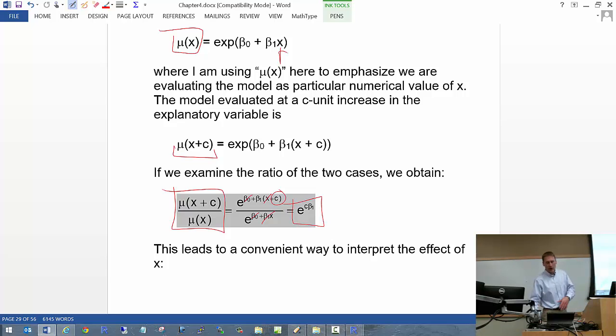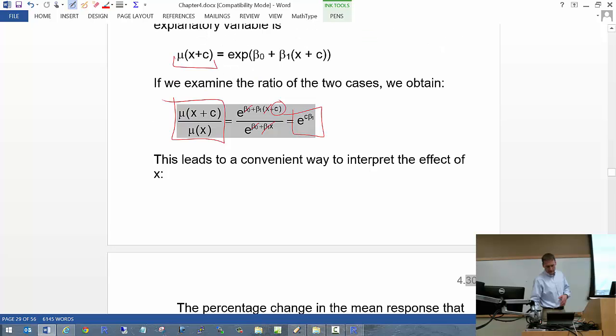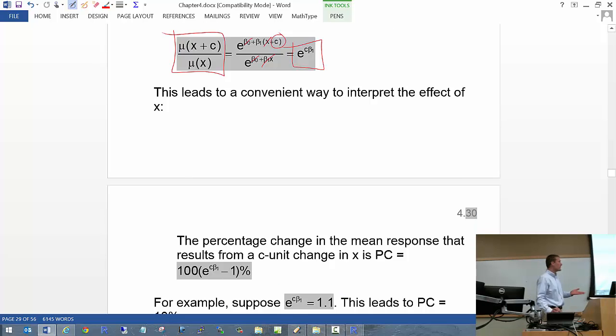And it also occurred in chapter 3. So then what's the interpretation? Well, what I like to do is make the following little change. I'm going to look at a measure called PC for percentage change. You know, we looked at OR for odds ratio before.